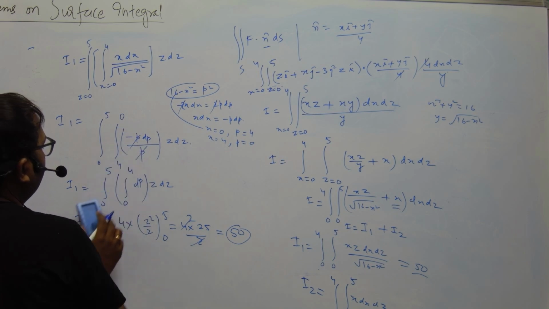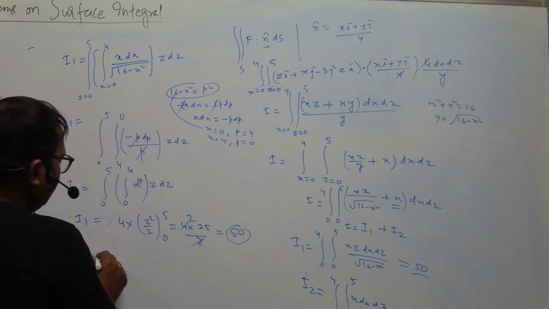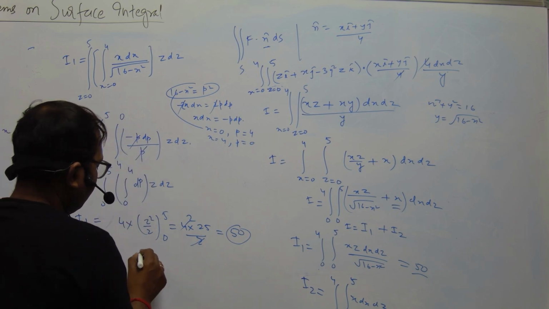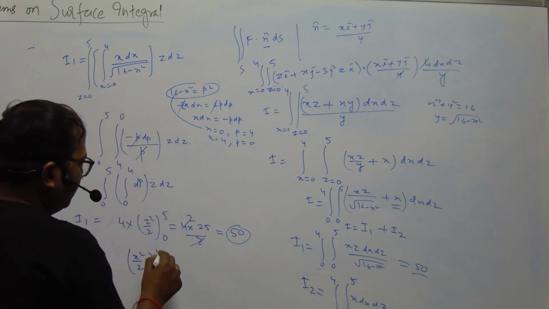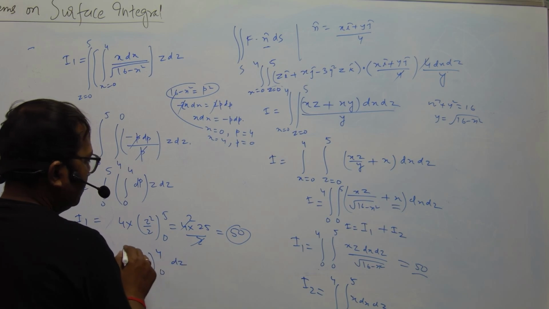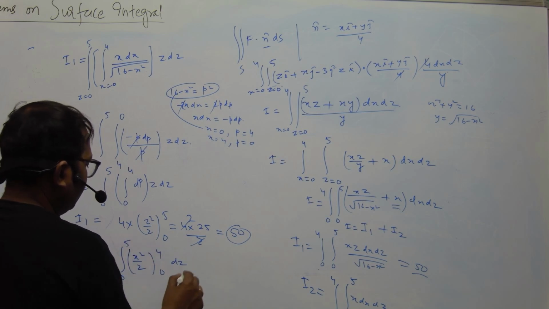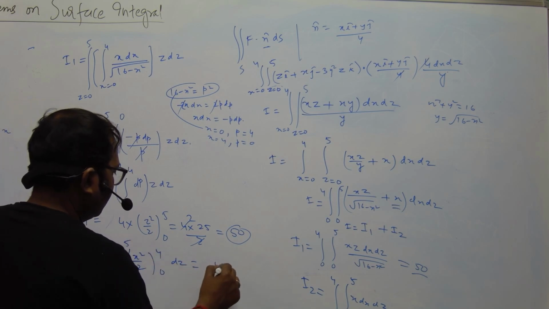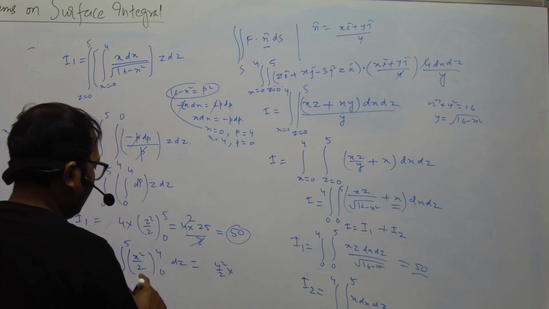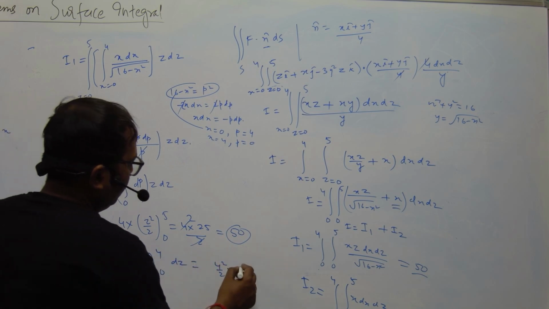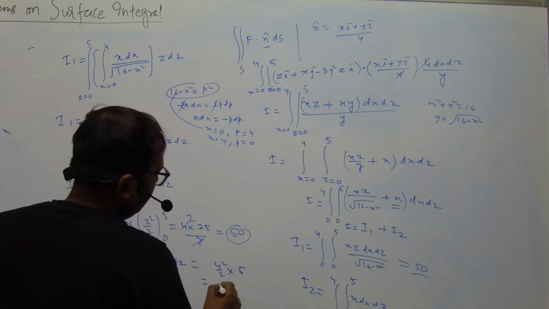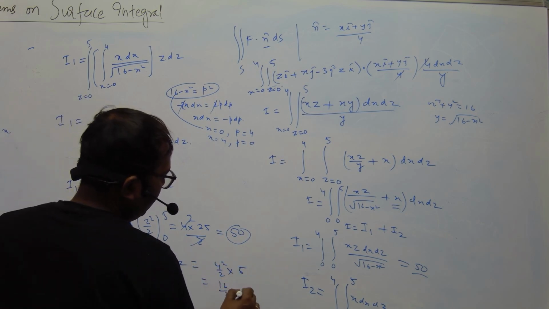The integration of x dx is x square upon 2, with limits 4 and 0. So this is 4 square upon 2 dz. The integration of dz is z, with limit 0 to 5. This will be equal to 16 upon 2 times 5, which is 40.